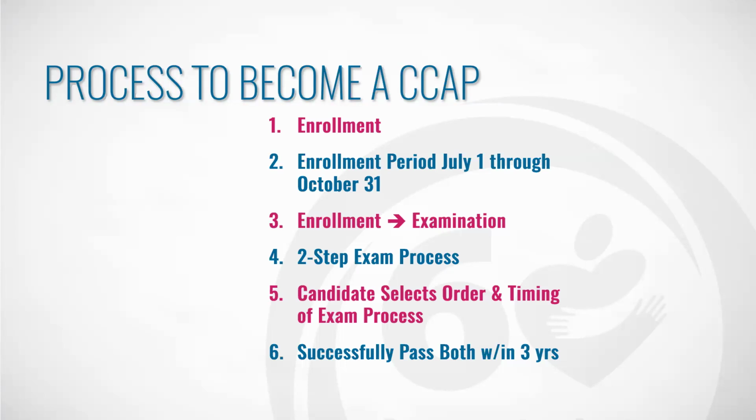So those of you who have enrolled this season, your first opportunity, if you choose to take it, to sit for the proctored exam will be in April of 2025. That means you have this period between your enrollment and the exam to study in the way that is going to help you.